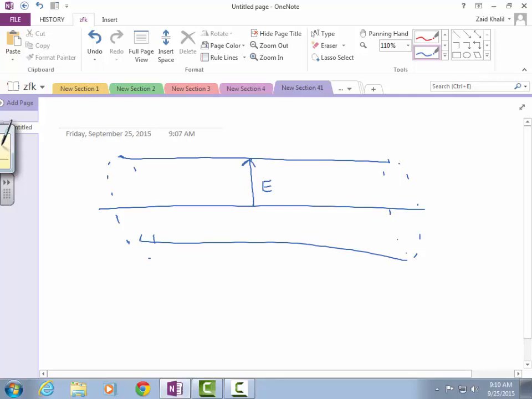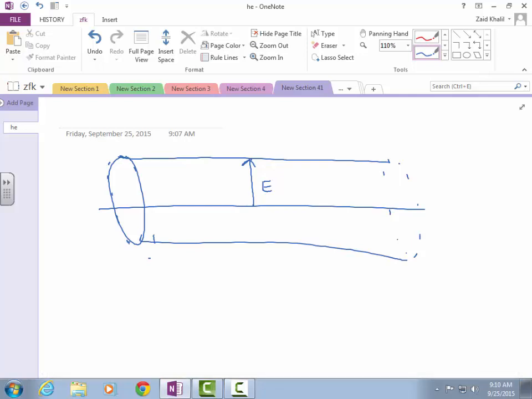And notice, we can look at this as two separate areas: one area is the surface, and the other area is the ends. But what is E dot dA for the ends?